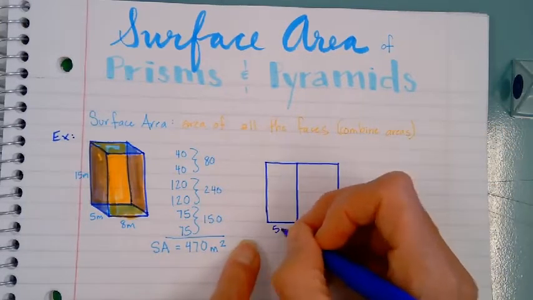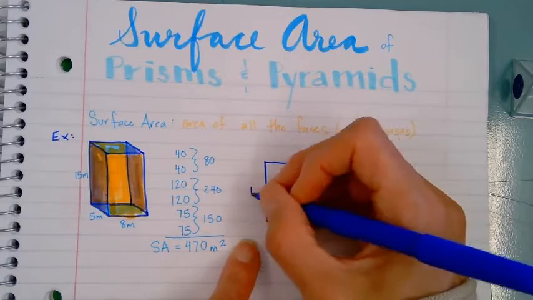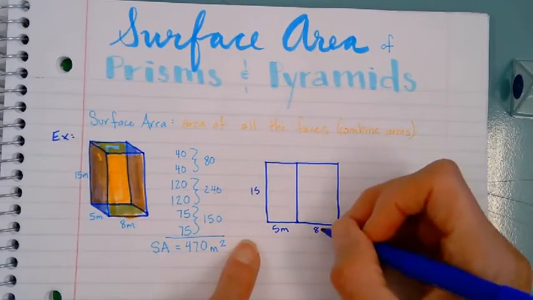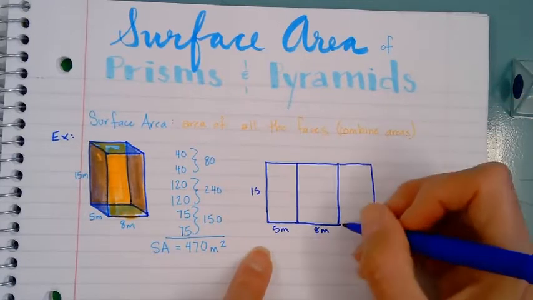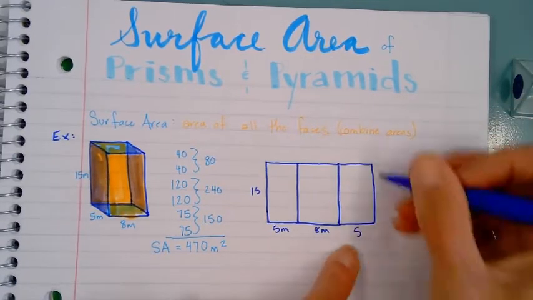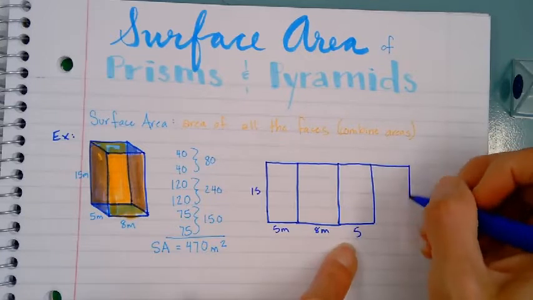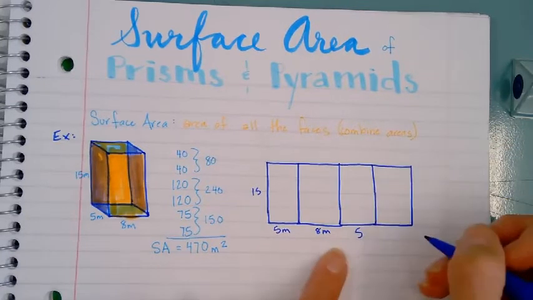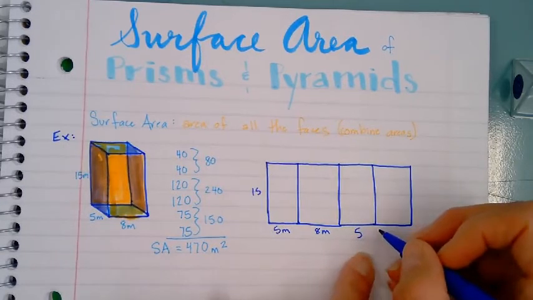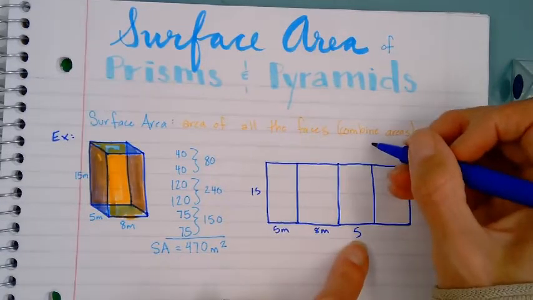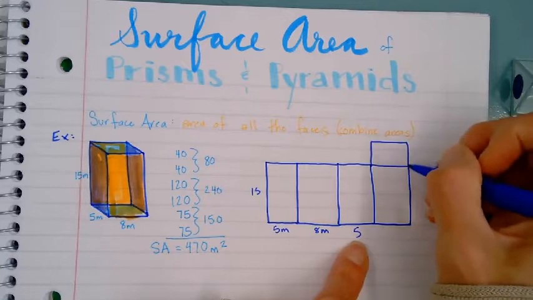This is 5, this is 15, this is 8. Then we have another 5 by 15, and one more 8 by 15. And then we have our top and our bottom, which is 8 by 5.